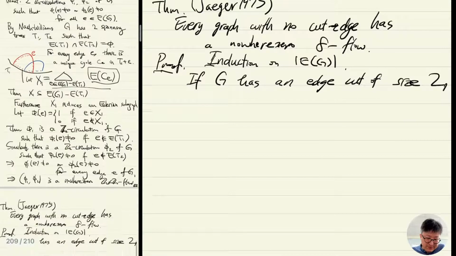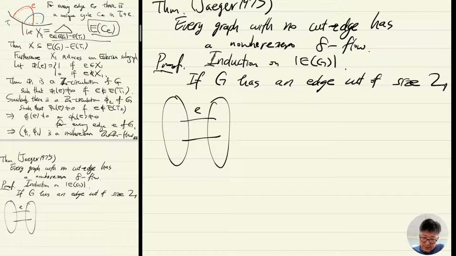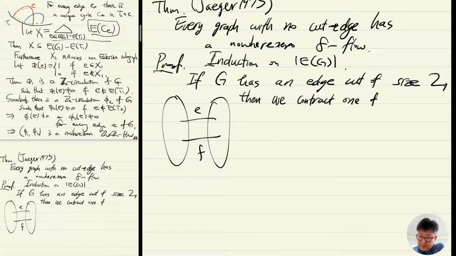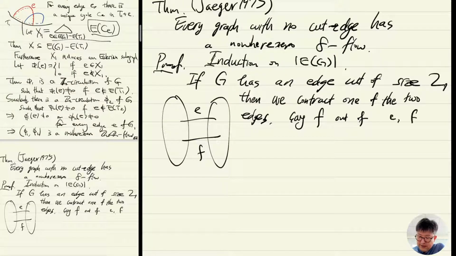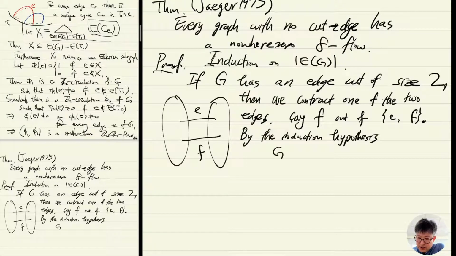Yes, if I have an edge cut of size 2, then we contract one of the 2 edges, say F out of E, F. So by the induction hypothesis, G contract F has a nowhere-zero 8-flow.